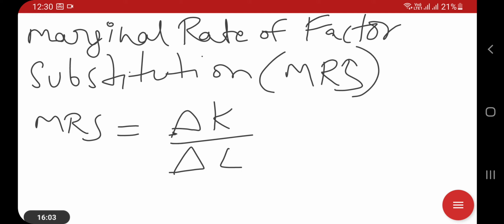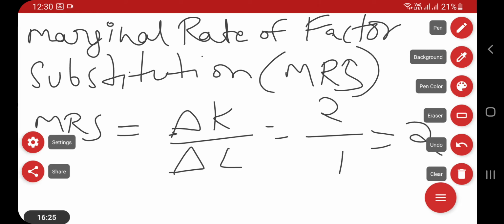The marginal rate of substitution is the amount of one factor that can be replaced by one unit of the other factor. If 2 units of capital could be replaced with one unit of labor, the MRS would be 2. So this is the marginal rate of substitution.